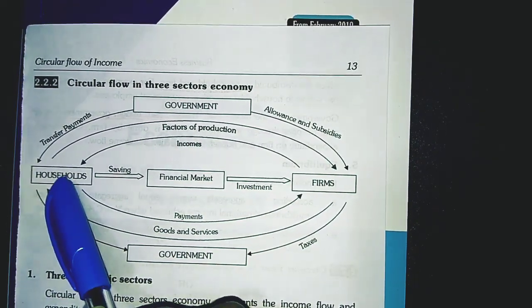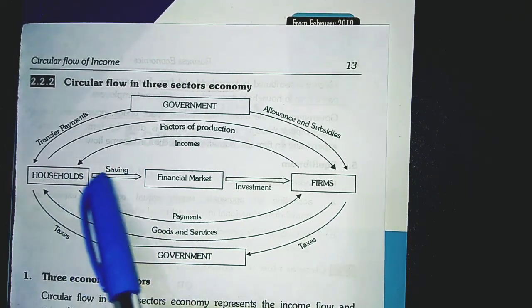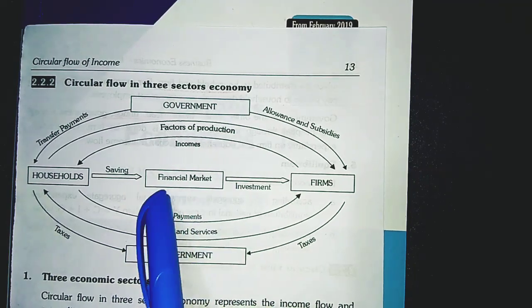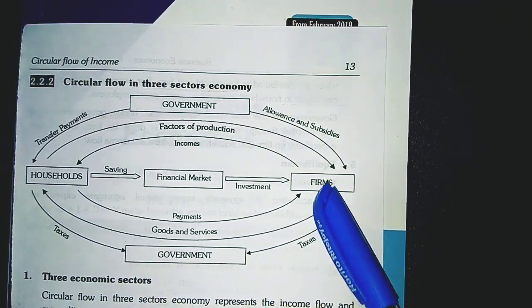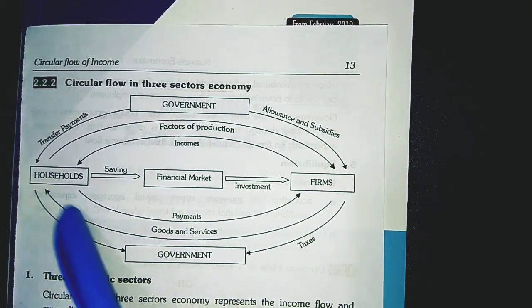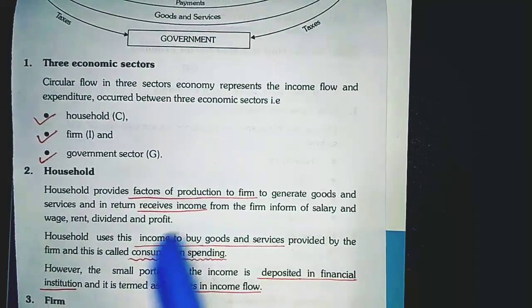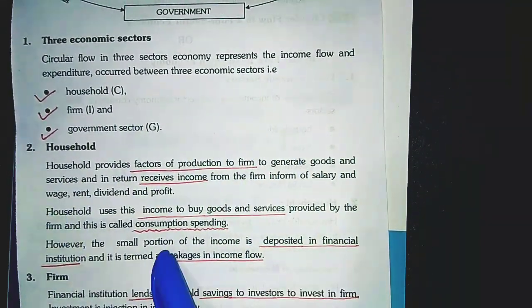Now this wages, whatever income they are getting, some amount of money they are keeping as savings in the financial markets, and the remaining amount they are utilizing to purchase the goods and services from the firms. That only we have discussed in the second point, that is the household sector.